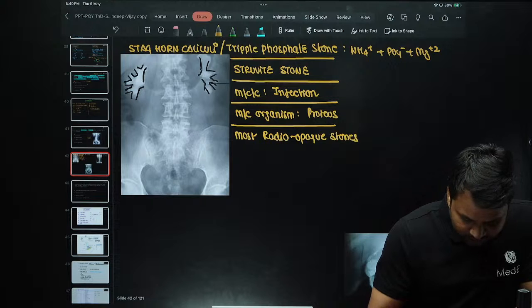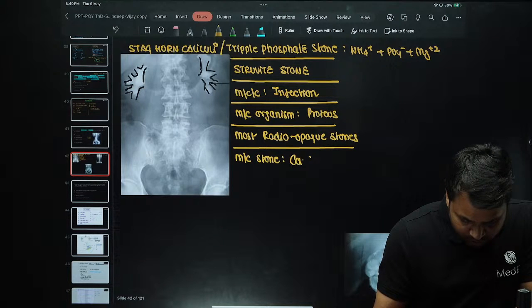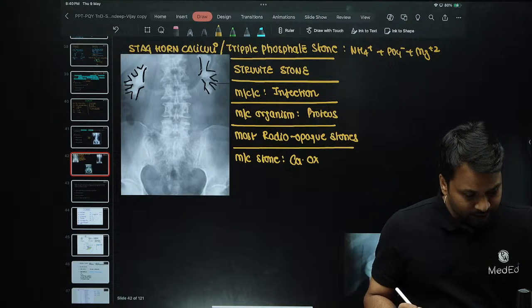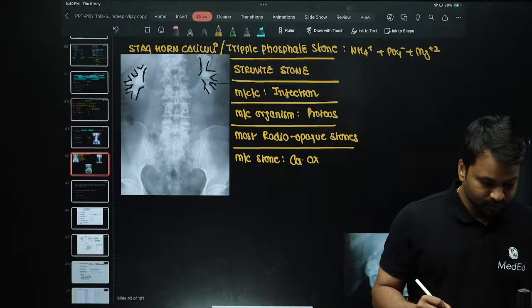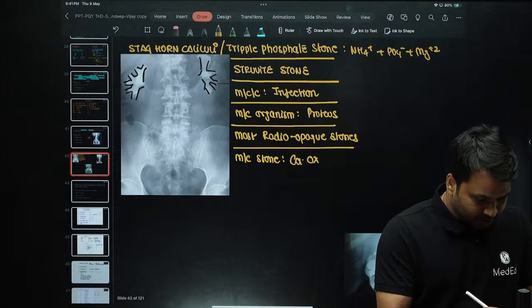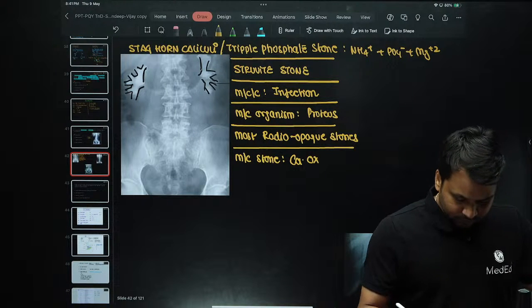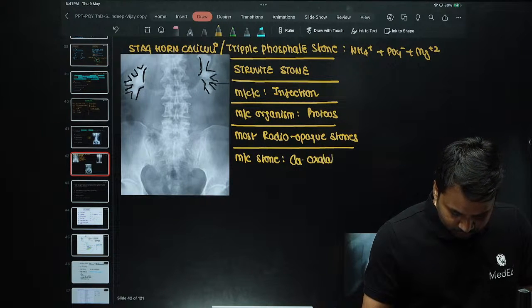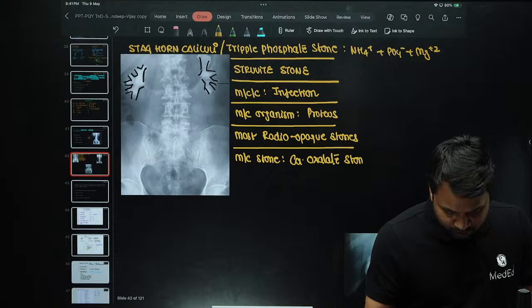But if I ask what is the most common stone, the most common stone will be the calcium oxalate stone.